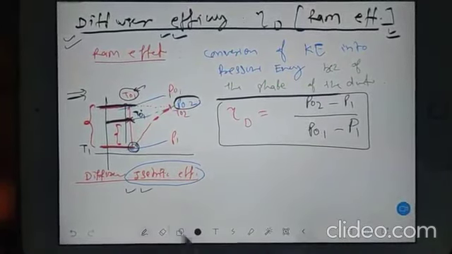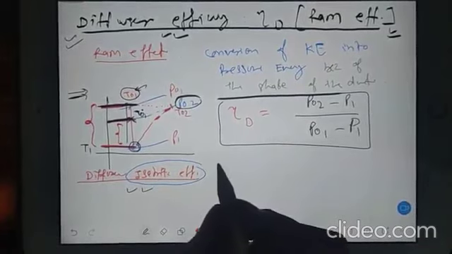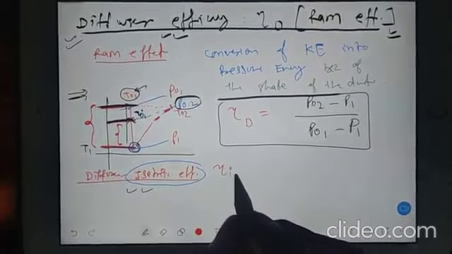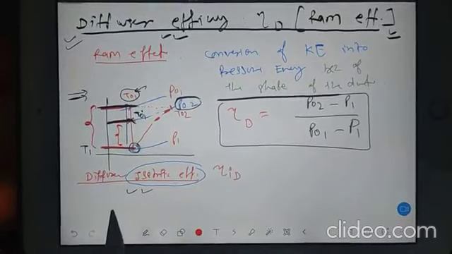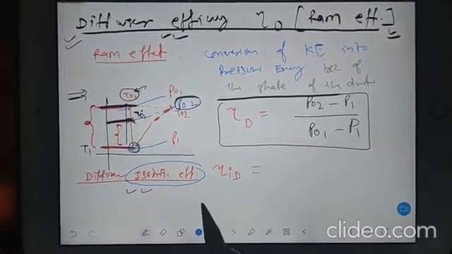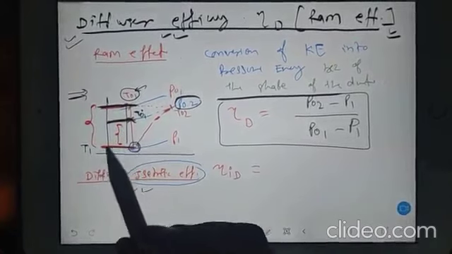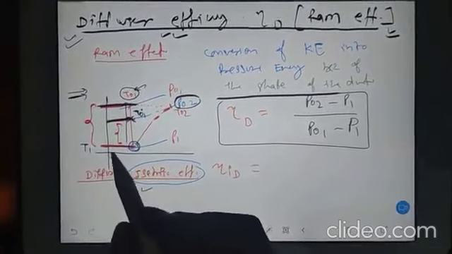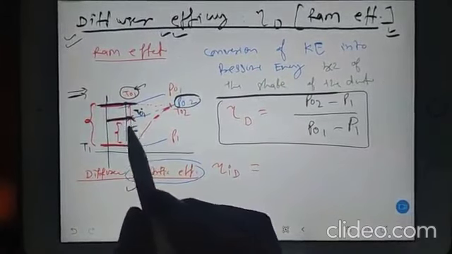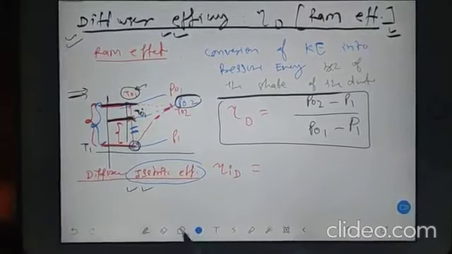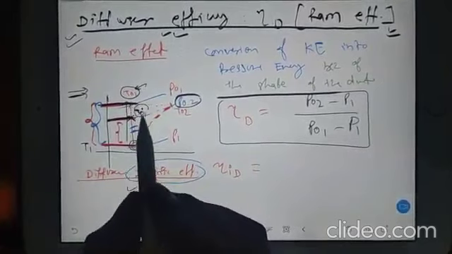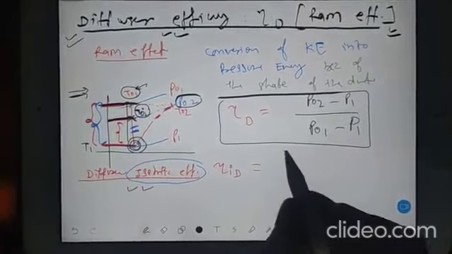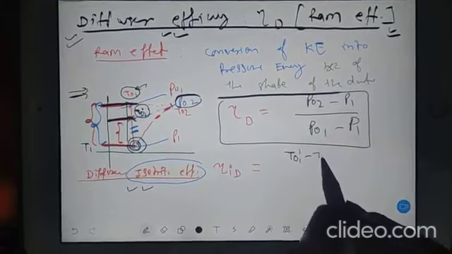So to find the diffuser efficiency, eta isentropic diffuser, apply the same trick. Efficiency is always less than 1, so less gap divided by more gap. What is your less gap? T01 dash minus T1.